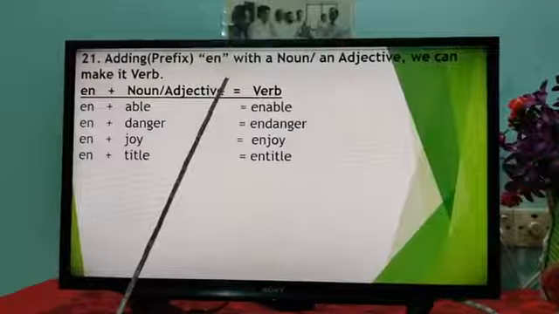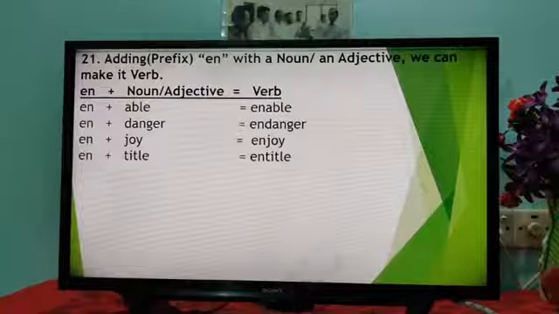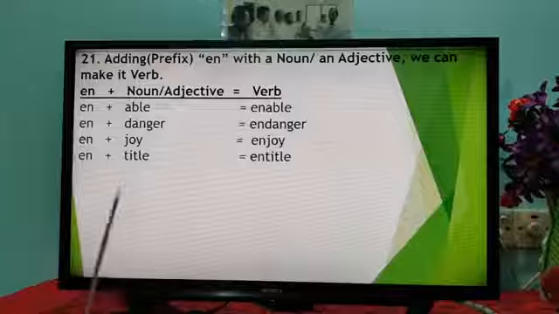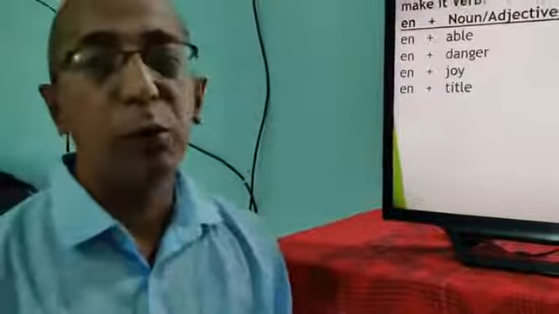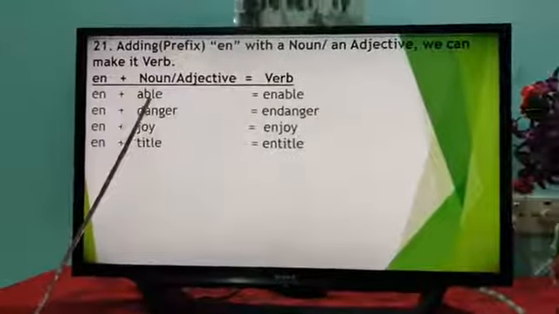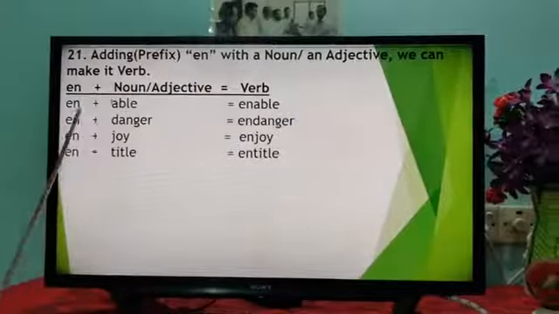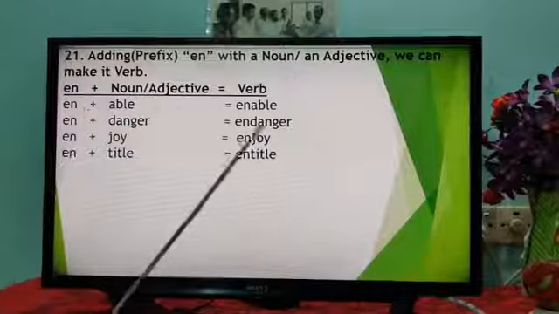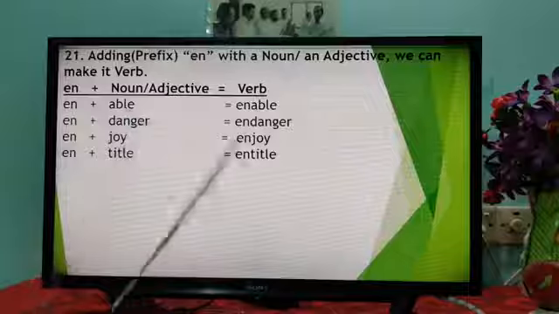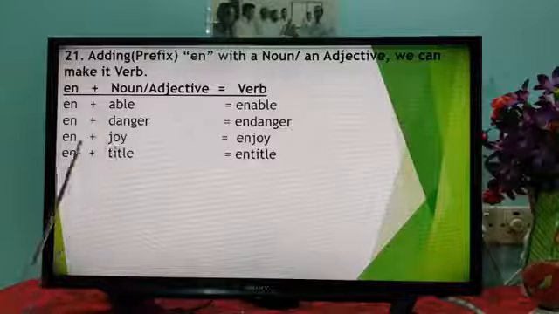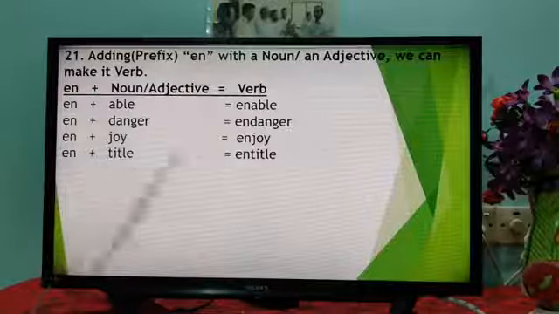Adding the prefix en with a noun or adjective, we can make it a verb. Suppose able, an adjective; en is added, enable, a verb. Danger, endanger. Joy, enjoy. Title, entitle.